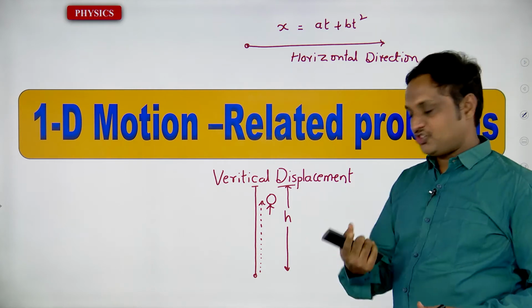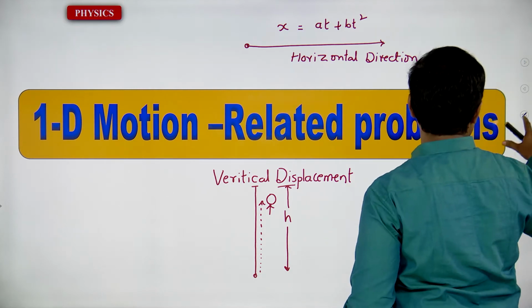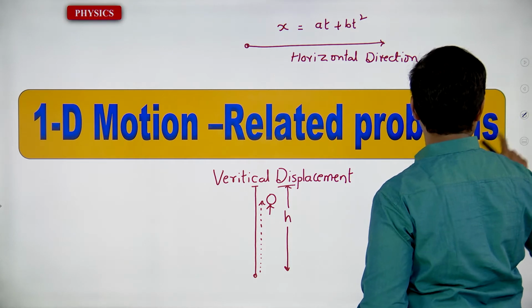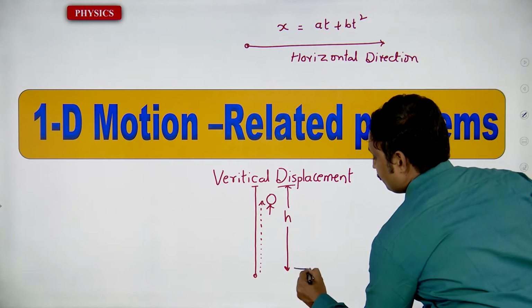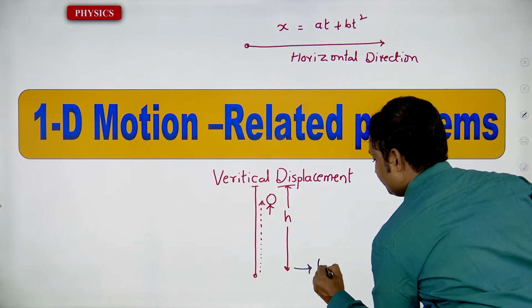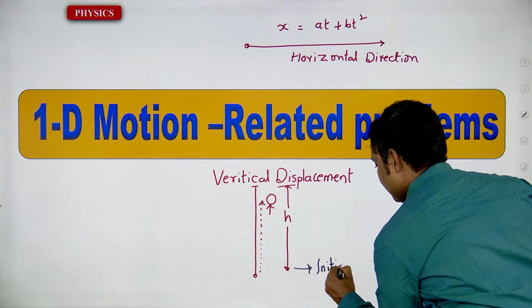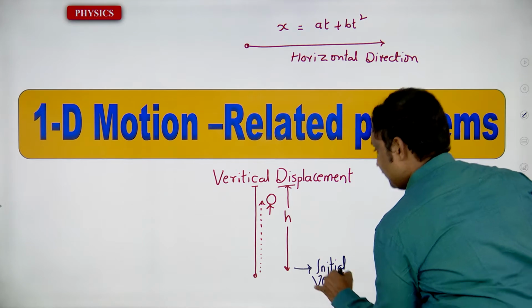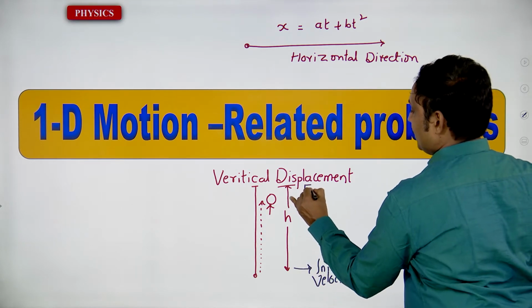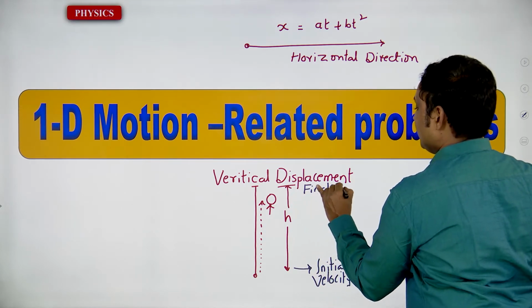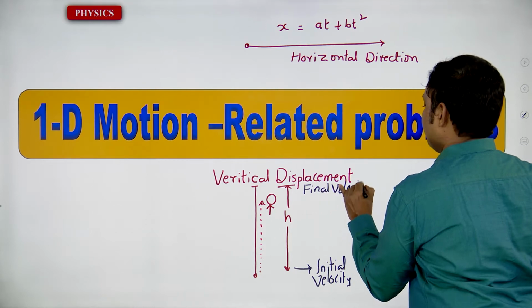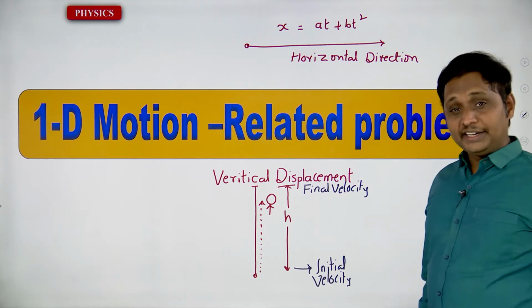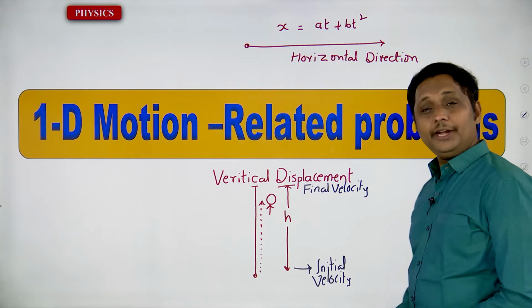Initially it has been started with a particular velocity, so you take that initial velocity. Yes, you can take the final velocity. You are going to identify these 2 points which are very important.